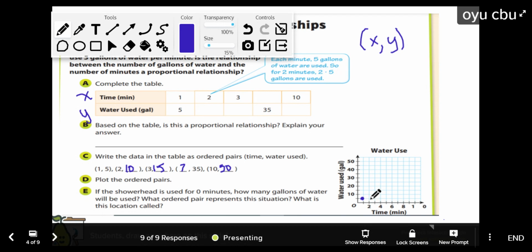My second point will be 2 and 10. My third point will be 3 and 15. My next point will be 7 and 35. What do I notice about these? They're going up. Are they making a straight line?